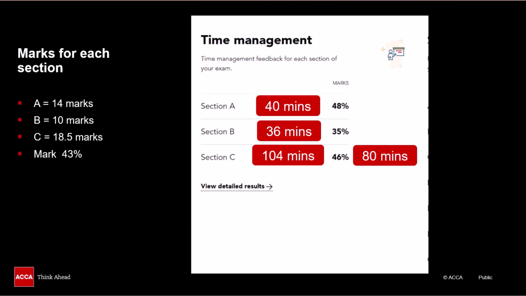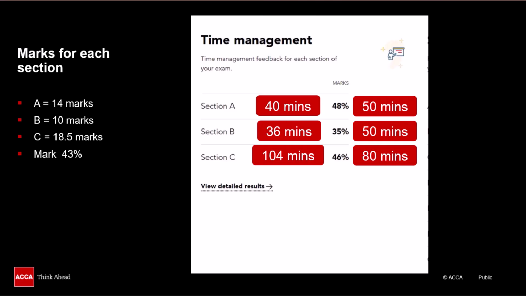I suggested that time management-wise, they should have been spending 80 minutes in section C. So 24 minutes overtime on that section. 50 minutes on section B, and so they underspent time significantly on section B. And again, 50 minutes in section A, and they underspent 10 minutes on section A. This is showing why that student failed to pass.